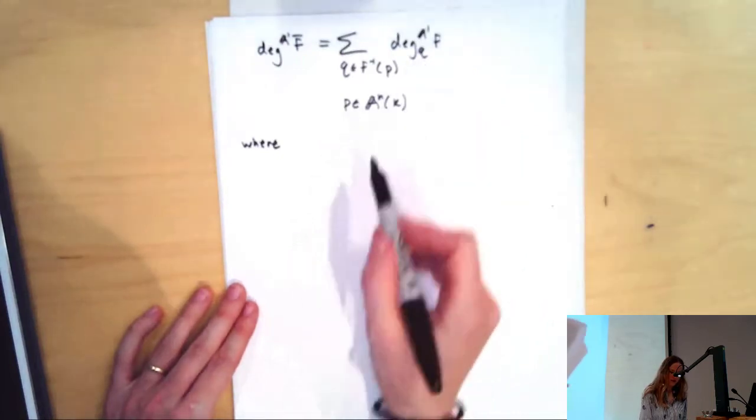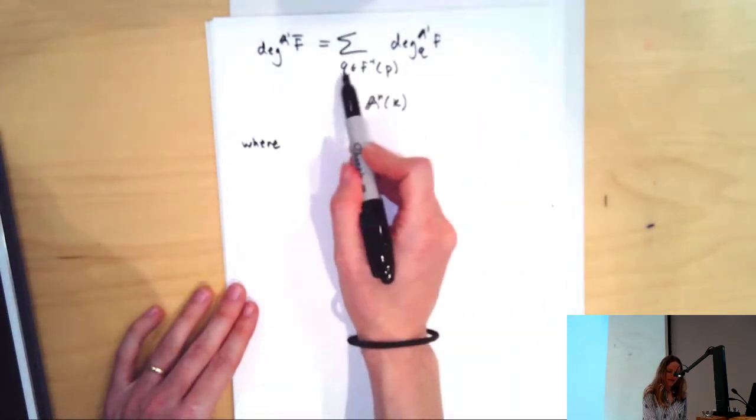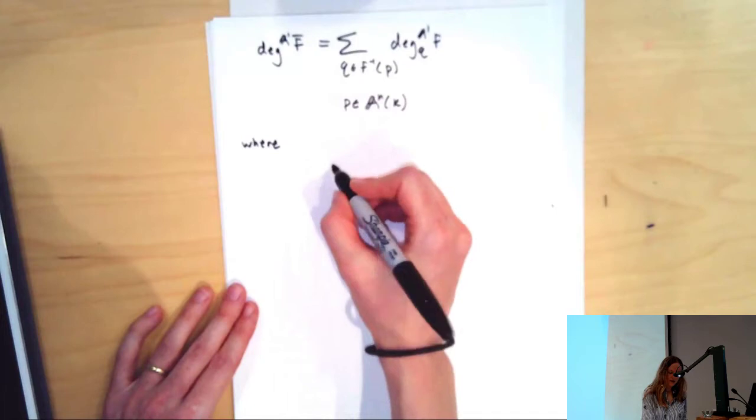So if we assume that f is finite, there are finitely many of these q's.